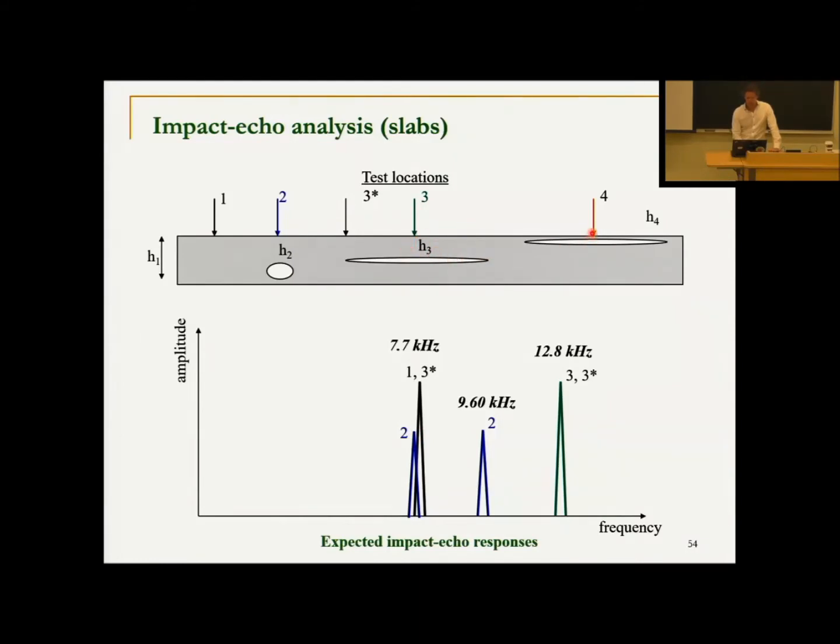And of course, if we go to 4, we would get a very high frequency here, 76.8 kilohertz by that formula. But then suddenly, we have a very low frequency, very high amplitude measurement. What is this? Well, this is that drum mode that we listen for in sounding.